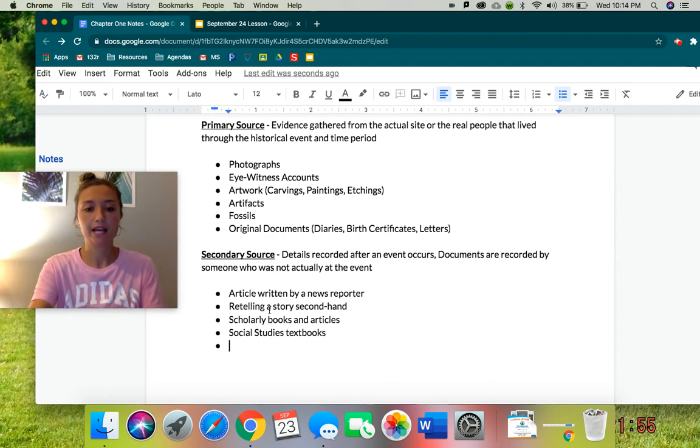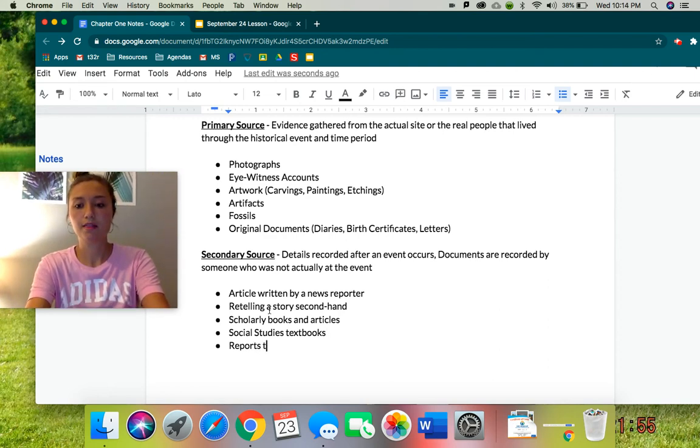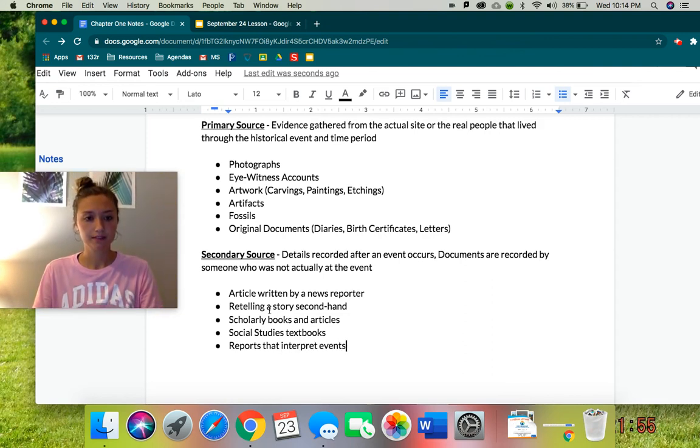And then lastly, we're going to add reports that interpret events. So these could be reports on events, and they could be opinion articles or reports based off research, stuff like that.